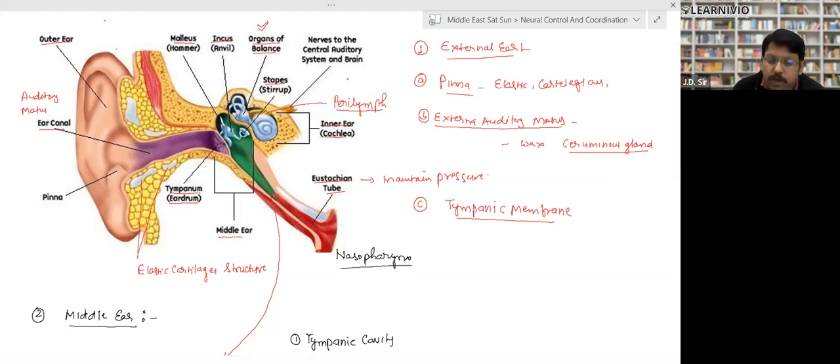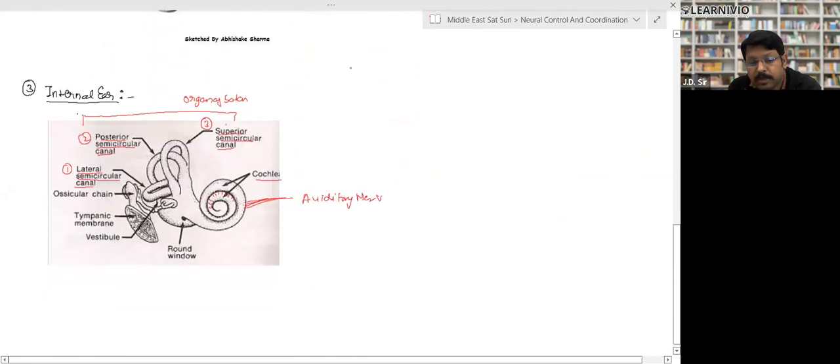Latter means it looks like cerebral fluid. Full stop. A structure of membrane floats on this lymph.